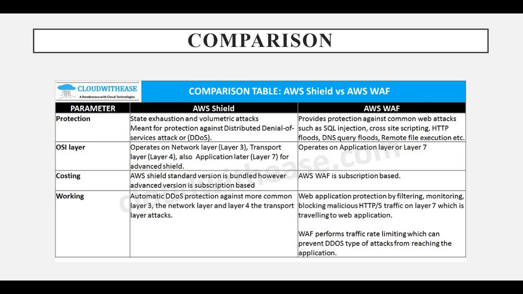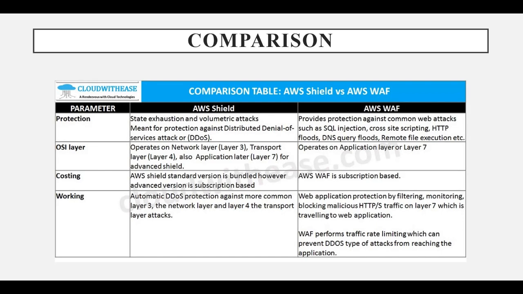So we can see the comparison between AWS WAF, the Web Application Firewall, and Shield. We know WAF is a Web Application Firewall. We can use it to provide protection against web attacks such as SQL injection or cross-site scripting. The Shield also helps to protect against DDoS attacks.